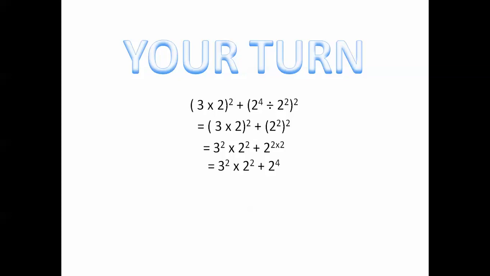This means we have 3 squared times 2 squared plus 2 to the 4, which equals 9 times 4 plus 16. And in order of operations, we know that multiplication comes before addition. So 36 plus 16. Now finish off with your addition. Get the answer of 52.